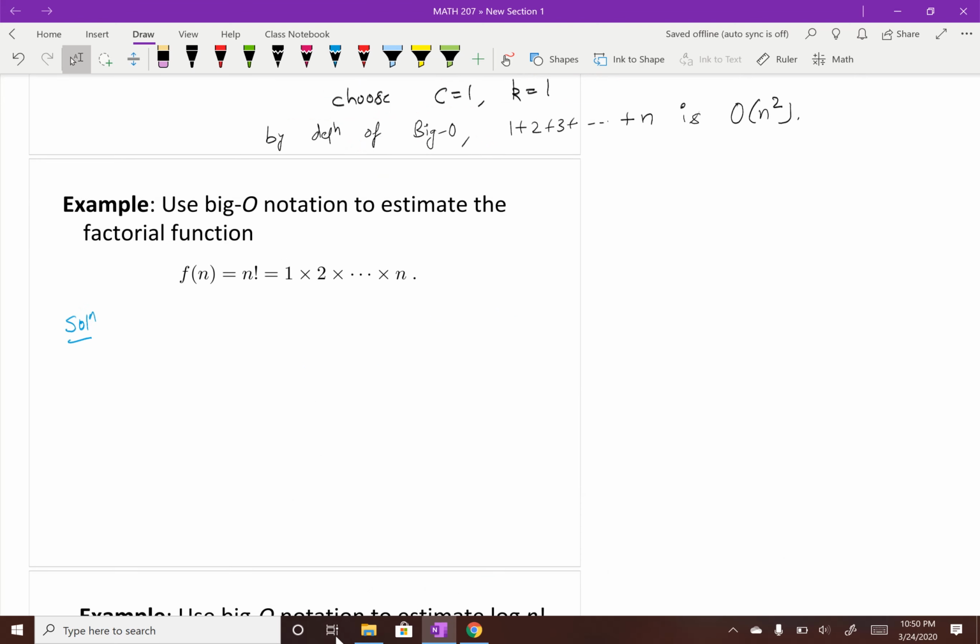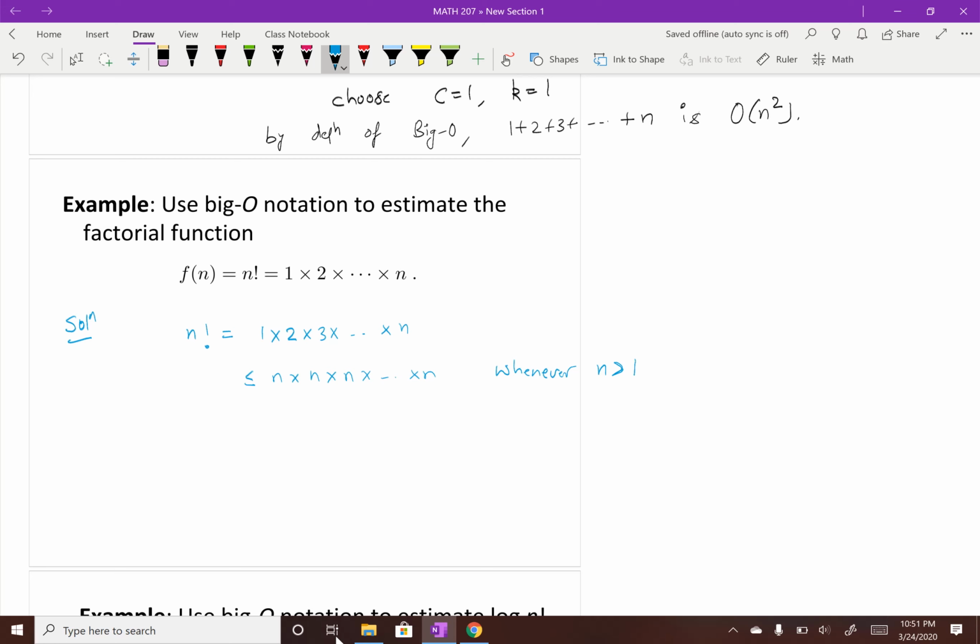In the next example, you want to use the big O notation to estimate the factorial function, which is n factorial. Now n factorial is written as the product 1 times 2 times 3 times all the way up to n, and I can easily show that this quantity is less than or equal to n times n times n all the way up to n whenever n is greater than 1.